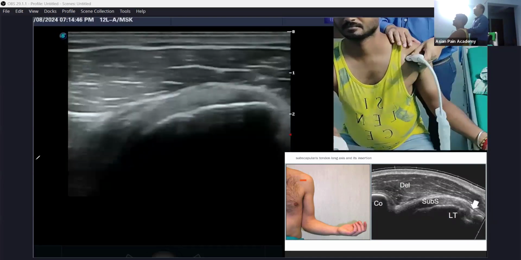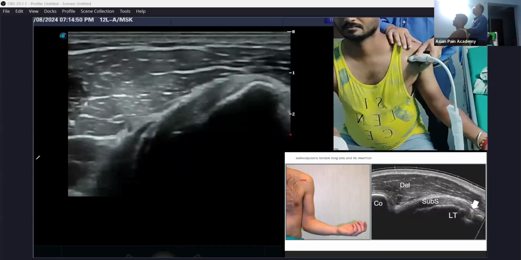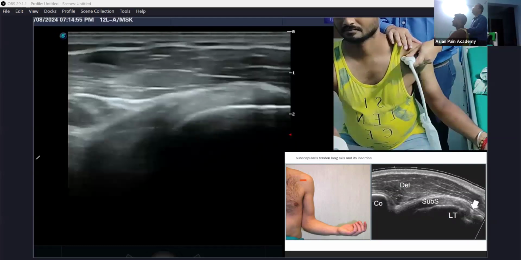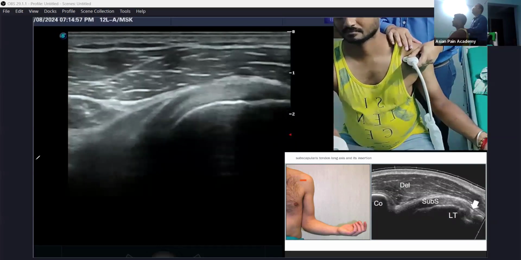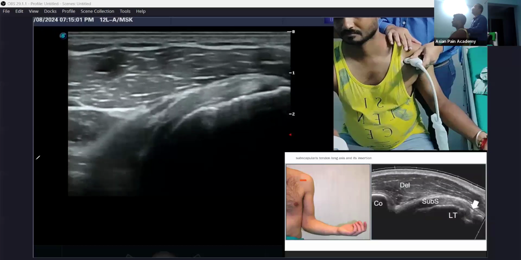So okay, here you can see, this medial part of the tendon is now more hyperechoic than the lateral part or the insertion point.